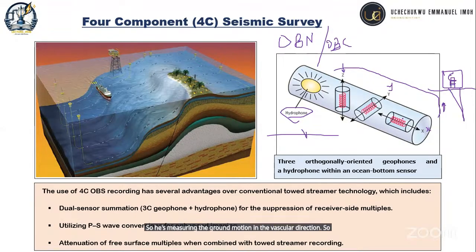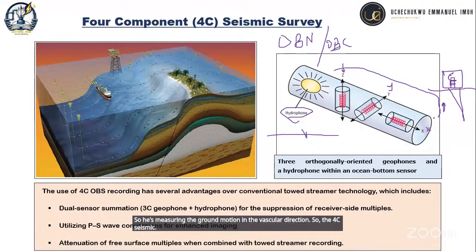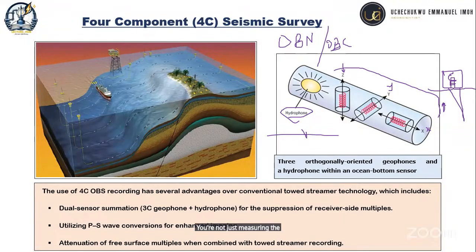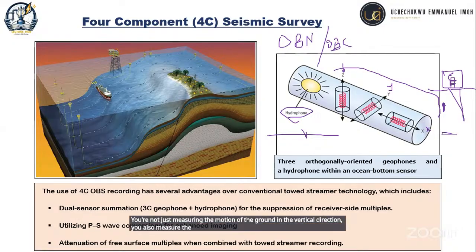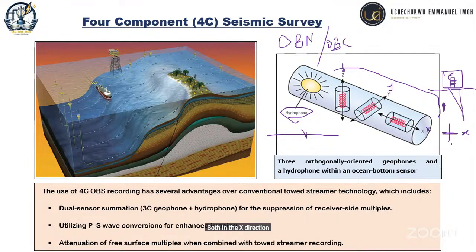So the 4C seismic, you're not just measuring the motion of the ground in the vertical direction. You also measure the ground motion in the horizontal direction, both in the X direction and in the Y direction, okay? So you measure the ground motion in X and Y direction, and then your vertical direction as well.